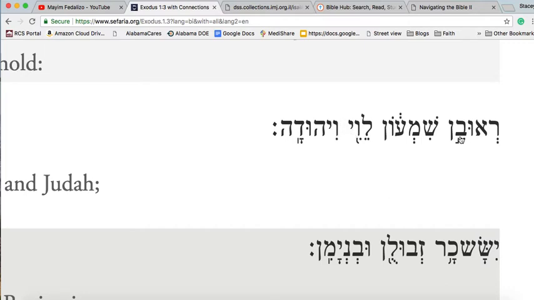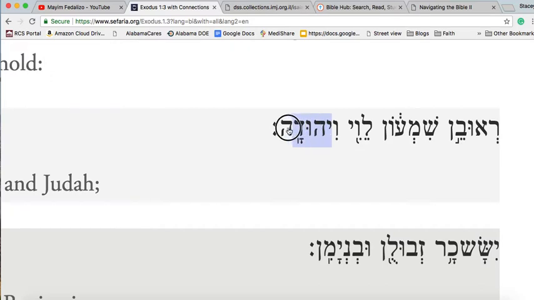So we have Reuven, Shimon, Levi, and then we have vav with a baby mouse. So he's saying v, yud, hey. He's catching the ball in the middle of his stomach, so he's saying u, and then a dalet with an a sound, and a final hey. So v, ye, hu, da, v, Yehuda. So Yehuda is Judah.